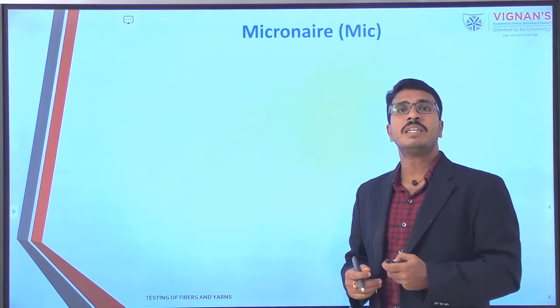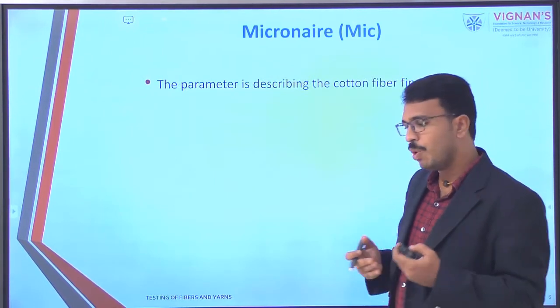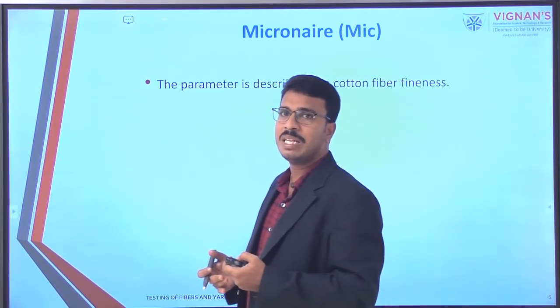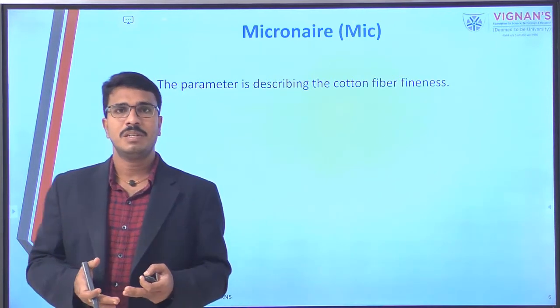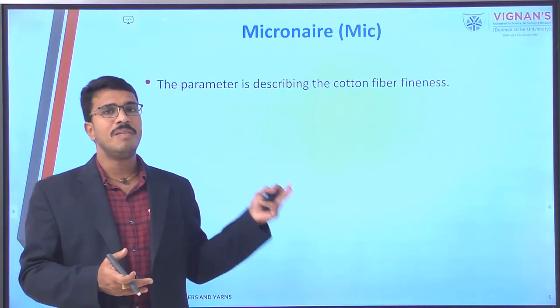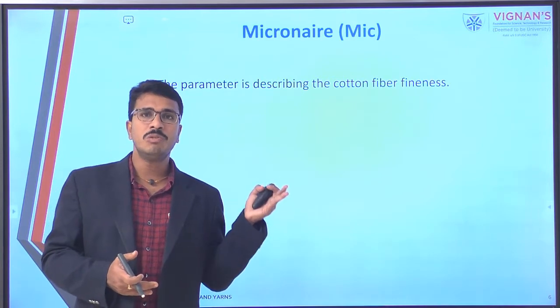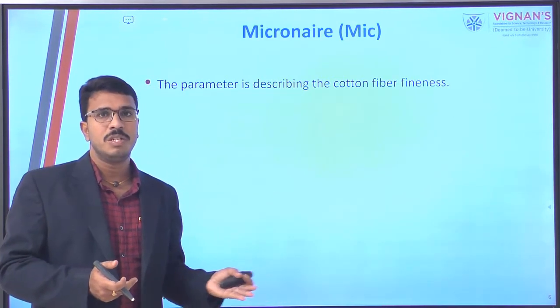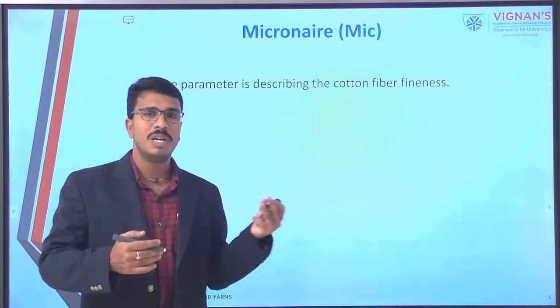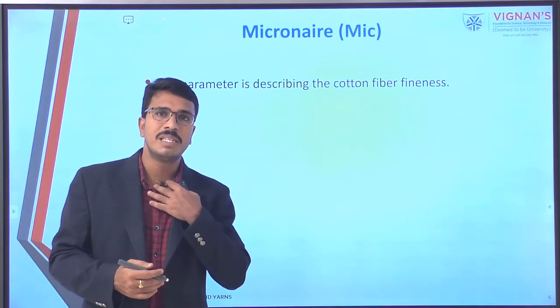Okay, now when it comes to Micronaire, as you already know, Micronaire indicates the fineness of the fibers. The high value instrument uses the airflow principle to find out the Micronaire values. We have already discussed this airflow principle in our previous classes.